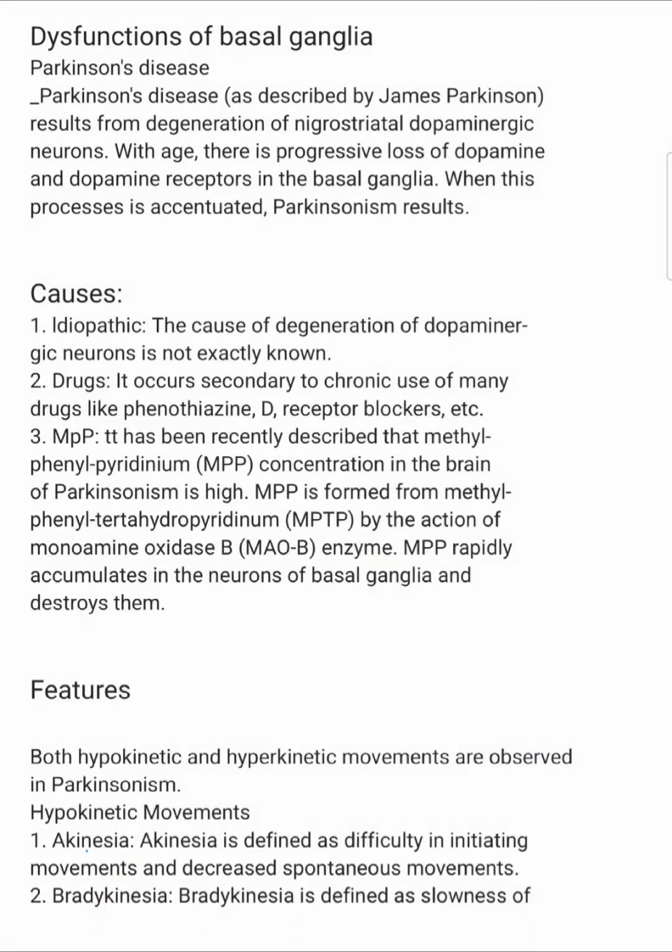Next, let us discuss the dysfunctions of basal ganglia. See, in university exams they give the symptoms and ask you to define basal ganglia, or define the structure involved, and discuss the disease.